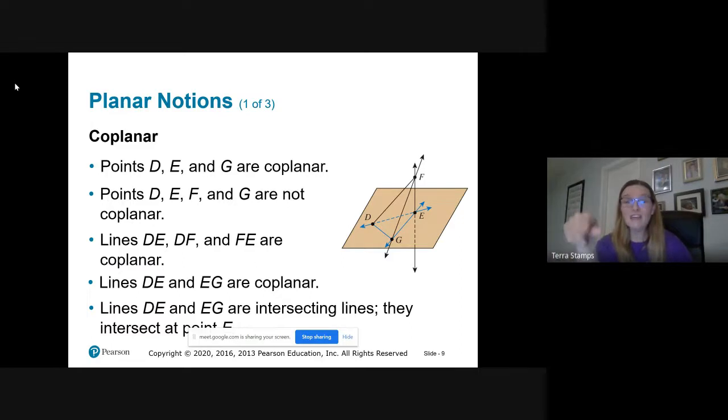Okay, they intersect at point E. So notice line DE, that blue dotted line there, and EG, that blue line, those intersect at point E, as does the line EF, right? Those are going to touch at point E as well.